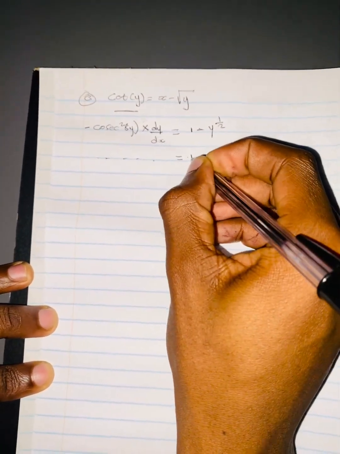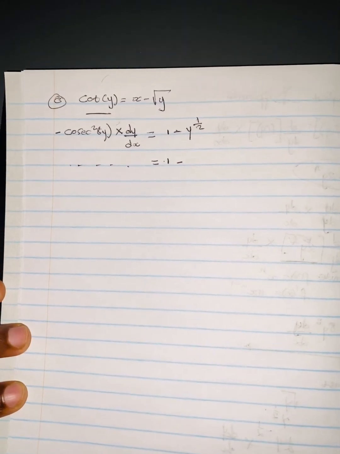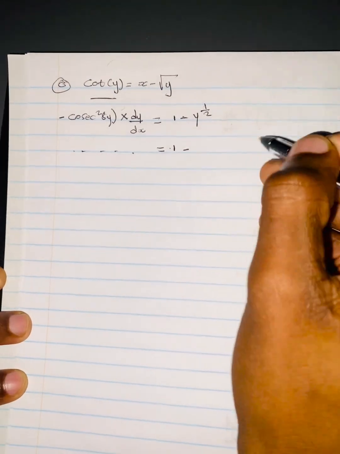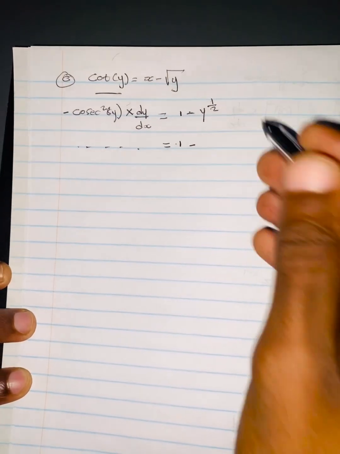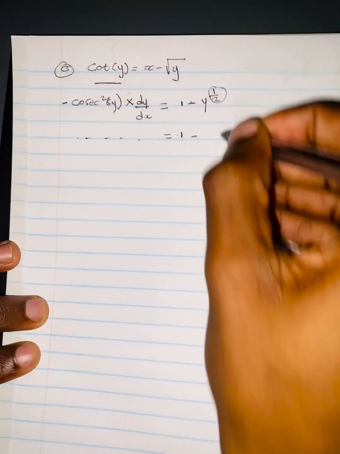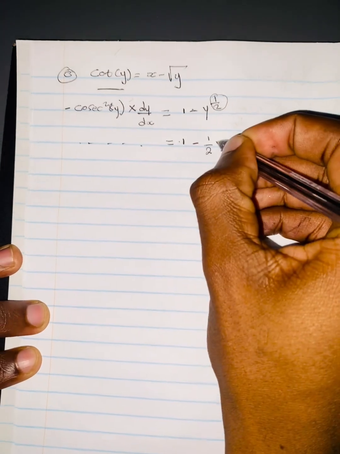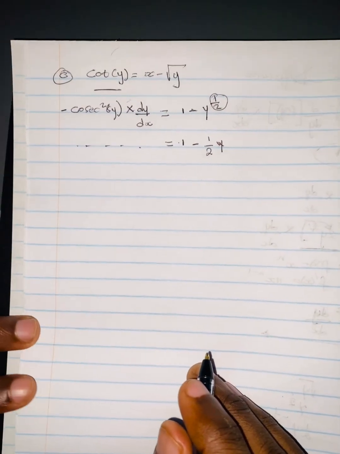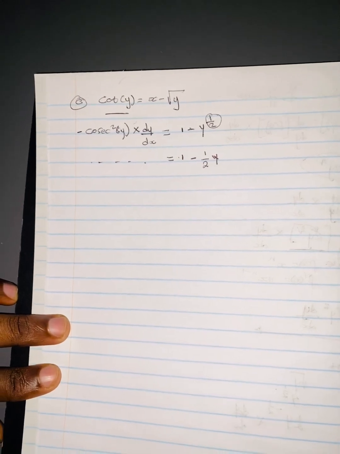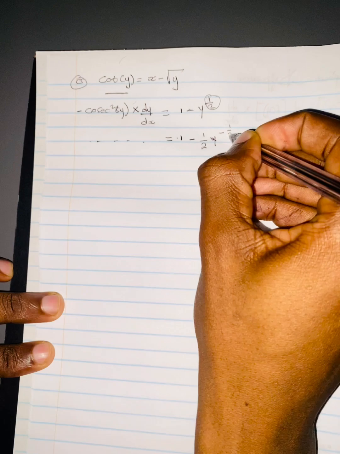We can say 1 minus, what is the derivative of y to the power half? We use the power rule. How? We know, for the power rule, n has to multiply in the front of y. So we'll have half y, and then we must also subtract 1 from half. So half minus 1 will become negative half.